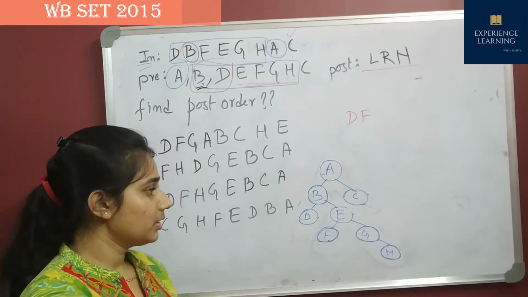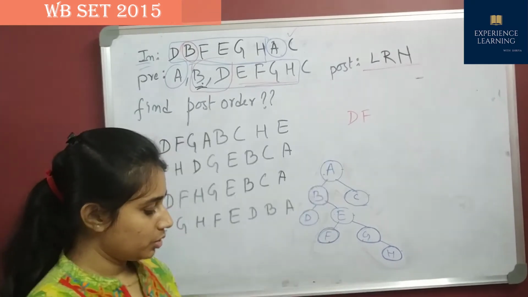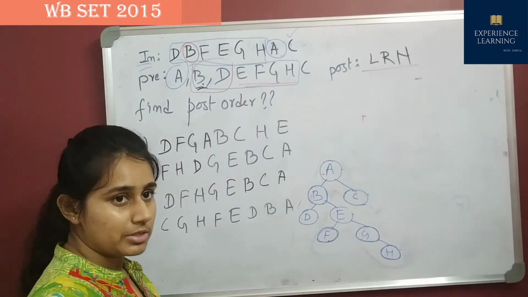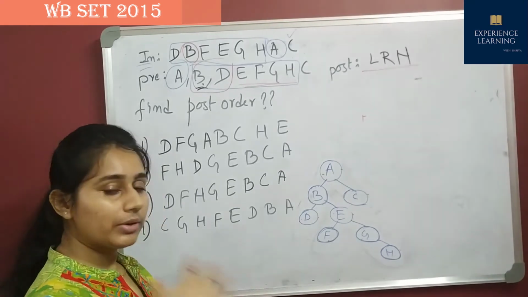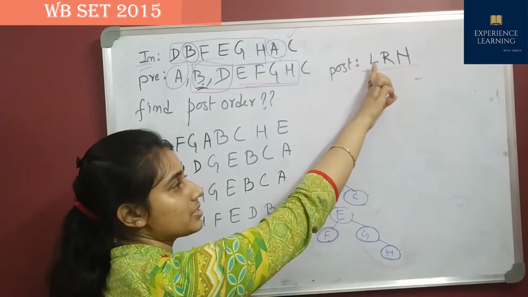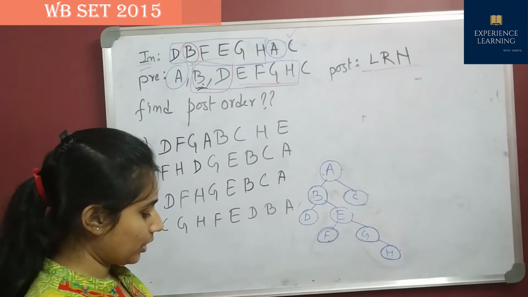So from this resultant tree we have to find the post-order traversal. Okay, so what will be the post-order traversal? The post-order traversal is first left, then right, then node. Okay, fine.